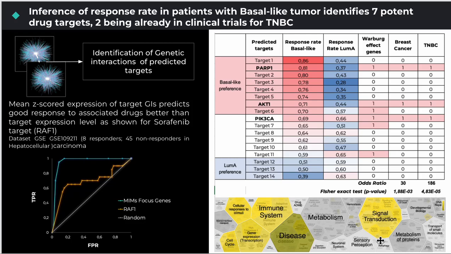What we observed from this list of genes is that they are highly enriched in signaling proteins, and they are also connected to glycolysis. It doesn't really show in this graph, but on metabolism, only glycolysis is enriched here.